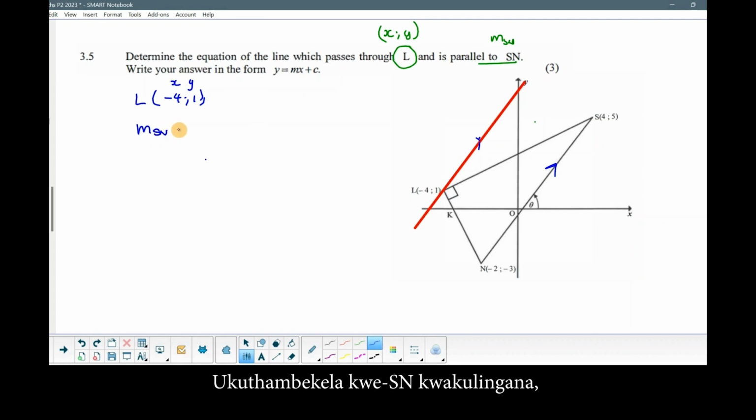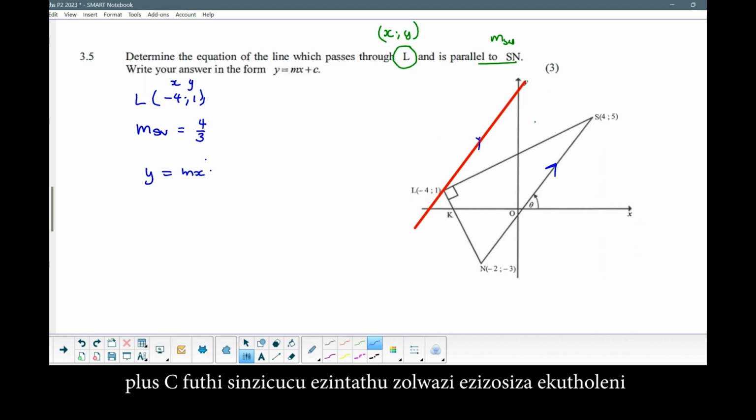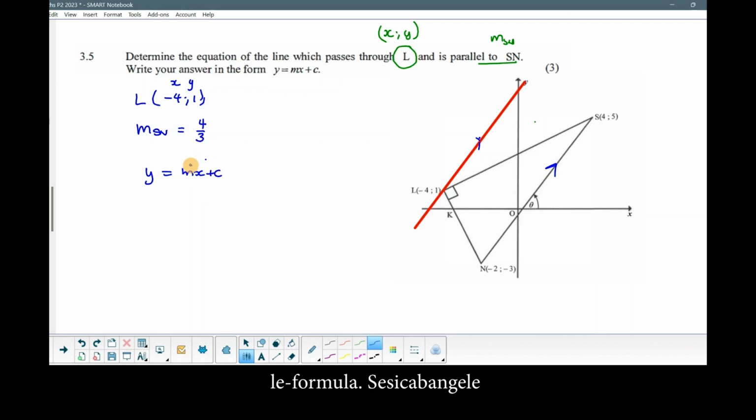The gradient of Sn was equal to, and we calculated this earlier, 4 over 3. So if you look at it, we have y equal to mx plus c, and we have three pieces of information that will help me figure out this equation. We've taken care of m, so it's essentially finding the value c. I'm going to substitute my x and y values into here.